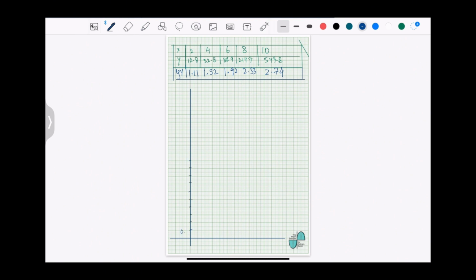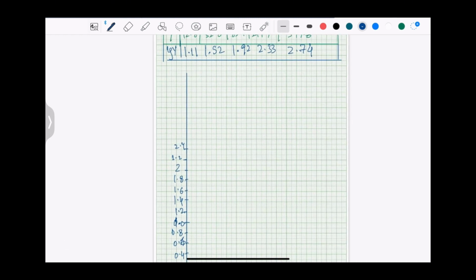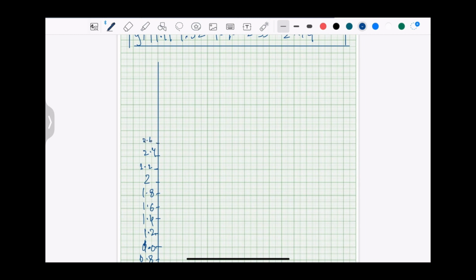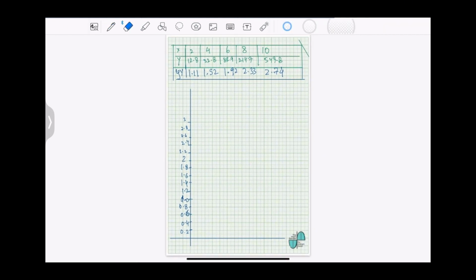So if I take every unit as 0.2, and on the x-axis I can take each unit to be 2, 4, 6, 8 and 10.